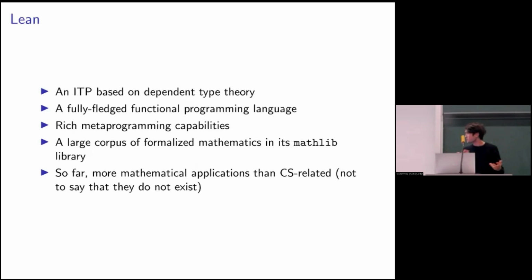And insofar, the mathematical applications sort of outweigh the computer science-related applications in Lean. That's not to say that they do not exist. For example, there is the Cedar project that was mentioned here yesterday. I think also the Iris Lean project, which is a port of the Iris project from Coq to Lean, and so on.